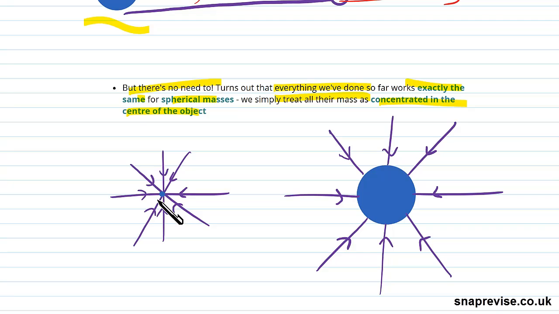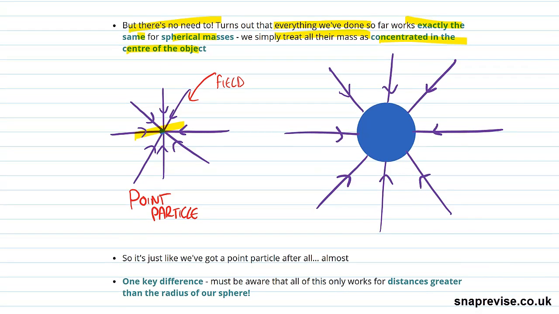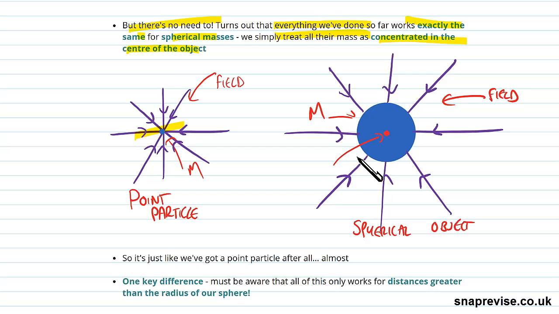So this was us thinking about a point particle here, and the gravitational field around it. But it turns out that that's exactly the same field as a spherical object has. It's as if we've just got a point particle in the centre here that has exactly the same properties as this point particle here. So if this sphere has a mass of m, then it's like it's got all of its mass m put at the centre of it, and it has exactly the same field.